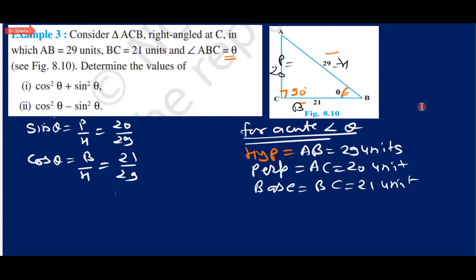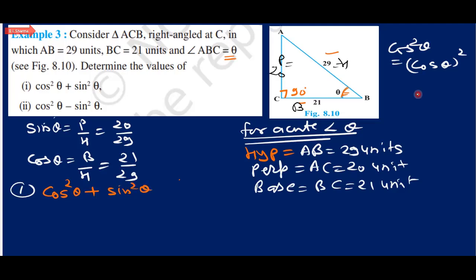Okay. Now student, one important thing is when it is written cos square theta, इसका meaning ये होता है cos theta whole square. Right. So part first, that is cos square theta plus sin square theta.